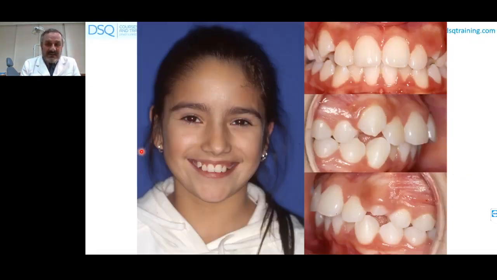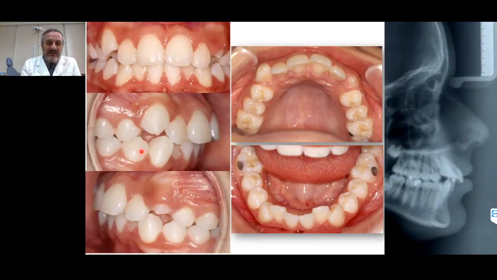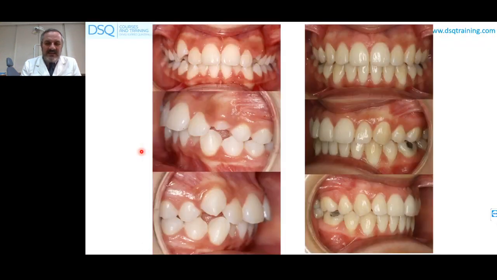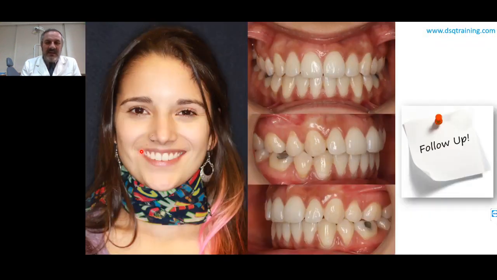Please remember this. This is a patient with a severe crowding in the upper and in the lower, and I decided to treat this patient with extractions. You can see the patient after the treatment, maybe 2 years after, and the same patient 6 years after the treatment.